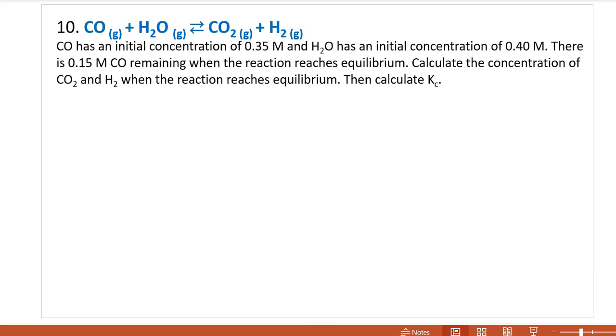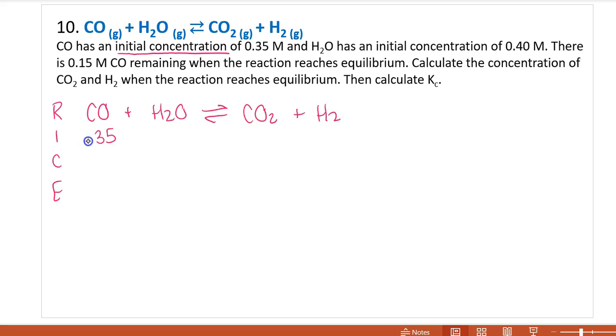All right, last problem for the review. Carbon monoxide has an initial concentration. So again, anytime we have an initial concentration, that is your key that we're going to need a rice table. All right, carbon monoxide has an initial concentration of 0.35.